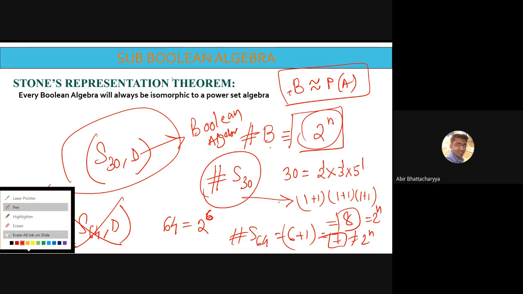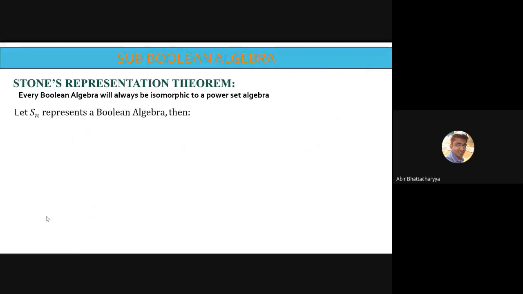Now, Sn represents any Boolean algebra. I want to find the number of sub-Booleans of Sn.